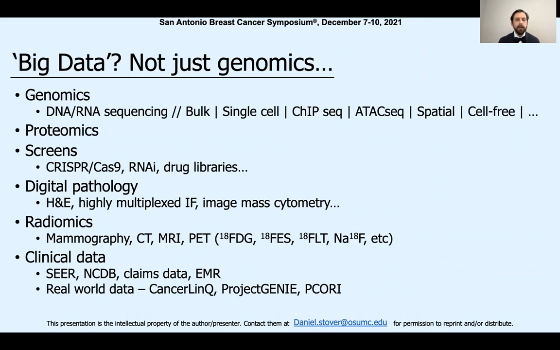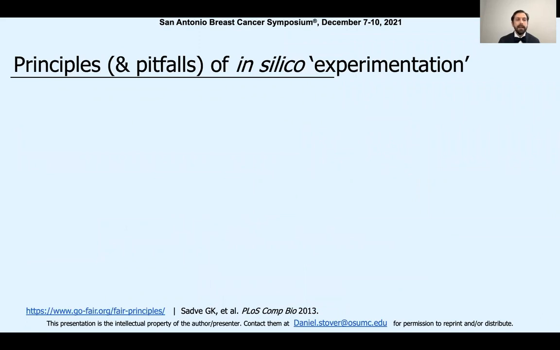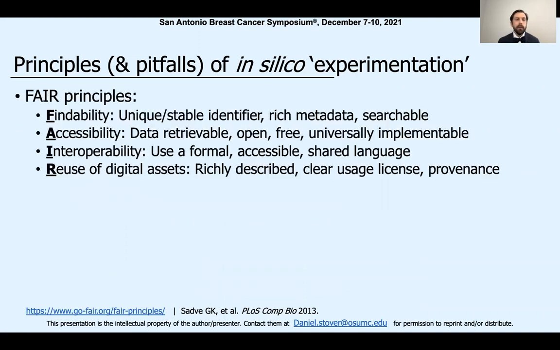And even clinical data these days can certainly be considered big data when we think about large repositories such as SEER or NCDB, as well as claims data or CancerLink or other real-world repositories. In defining the key ways that we as a community analyze and utilize big data, it's critical that we all have a shared set of principles to ensure access and usability of all of these data.